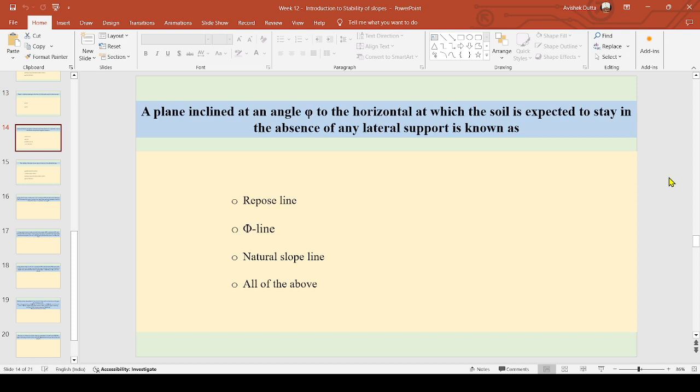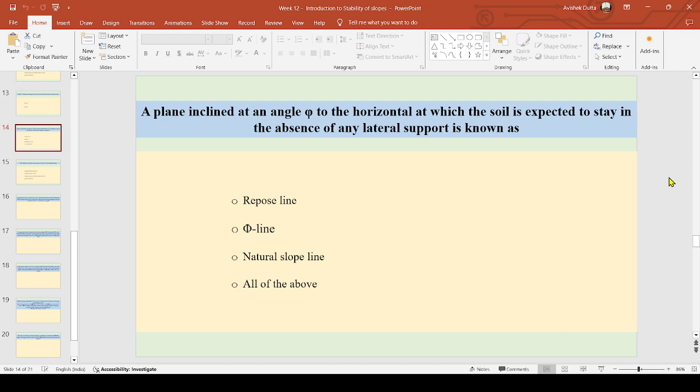A plane inclined at an angle phi to the horizontal at which the soil is expected to stay in the absence of any lateral support is known as. I'll repeat once. A plane inclined at an angle phi to the horizontal at which the soil is expected to stay in the absence of any lateral support is known as.